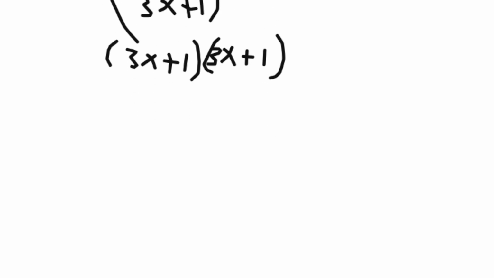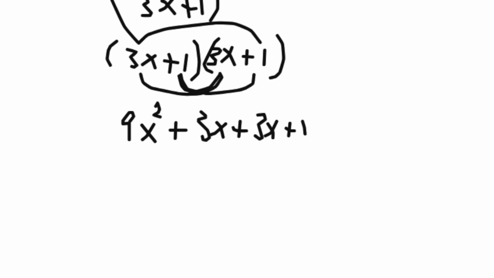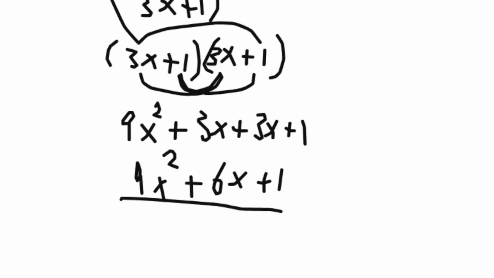If you do, then it's like this. 3x times 3x is 9x squared. 3x times 1 is 3x. 1 times 3x is 3x. 1 times 1 is 1. And then combine like terms. So it's 9x squared plus 6x plus 1. This is g of f of x.